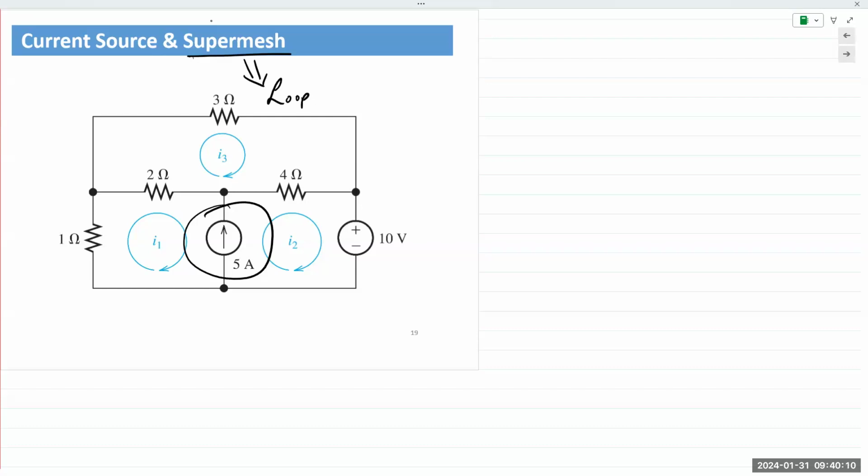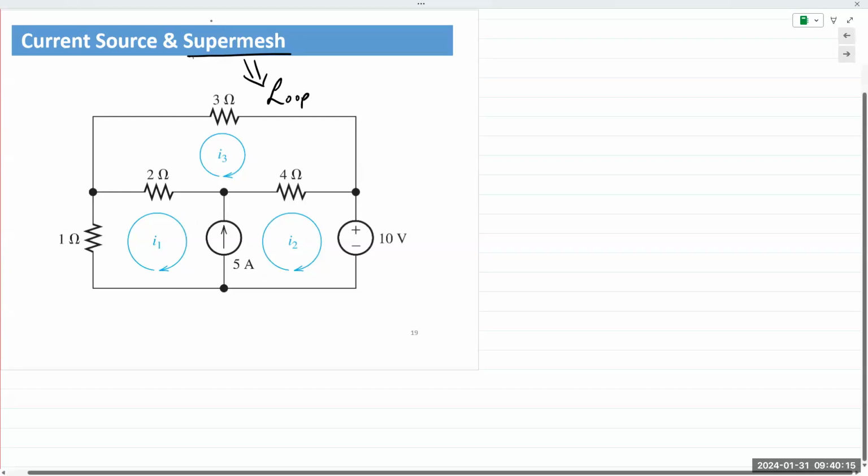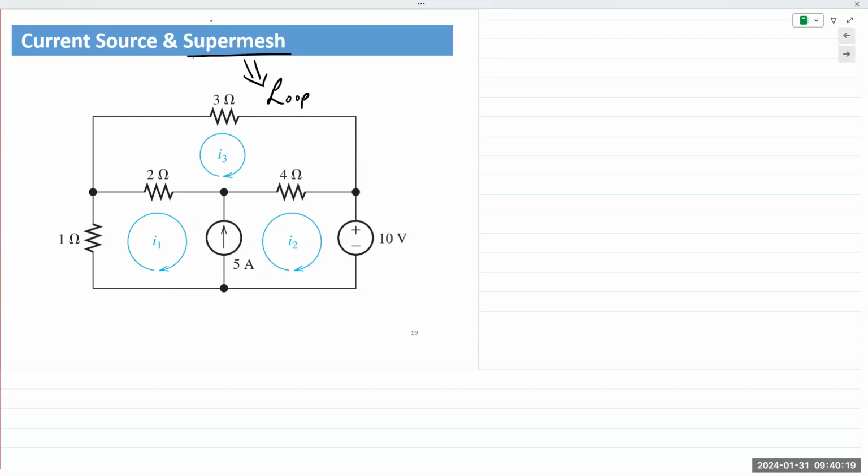The current source is in the middle. If the current source is in the middle and we apply KVL around this loop, let's call this M1, M2, and M3. If I apply KVL in M1 and M2, I cannot express the voltage across that current source using Ohm's law.